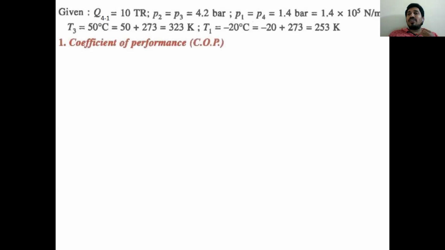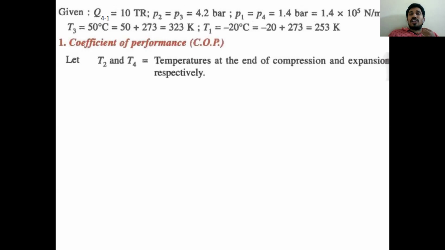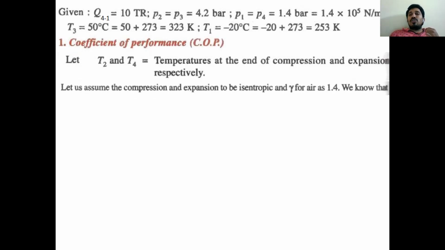How to calculate these two values? We'll see now. First, the unknown values T2 and T4 are mentioned on the slide. The temperature at the end of compression is T2, and the temperature at the end of expansion is T4. First, we see isentropic process 1, 2.